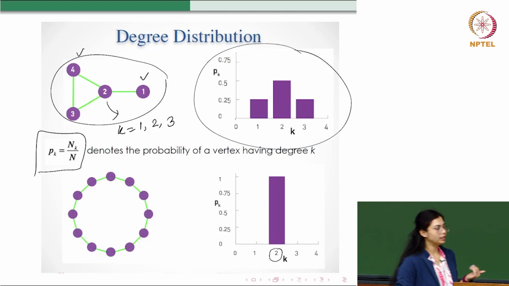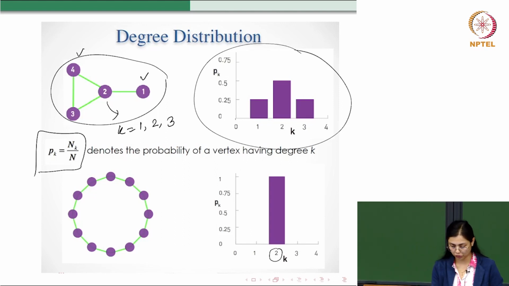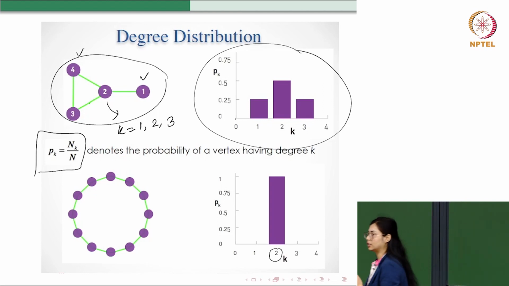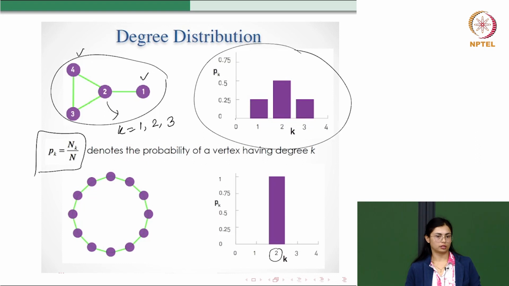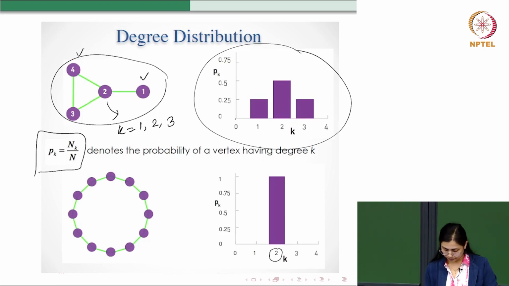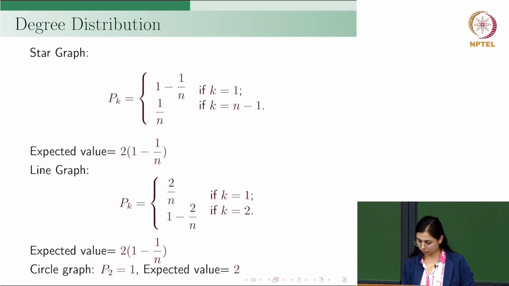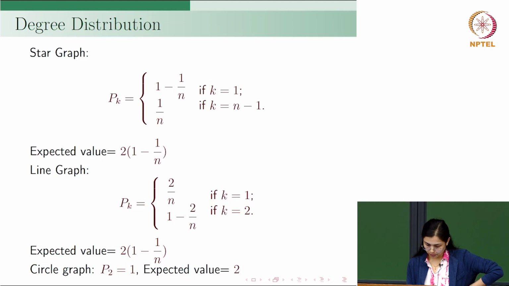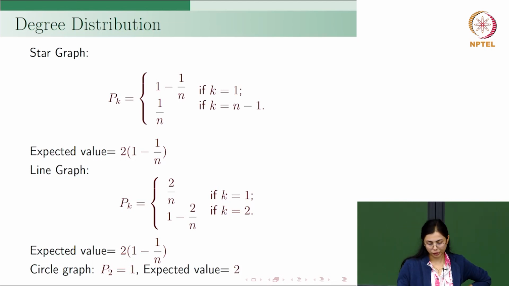For k equal to 1, there is exactly 1 node with degree 1. For k equal to 2, there are 2 nodes, say 2 and 4, with exactly degree 2, right? So this is some special case in the star graph, line graph and circle that you can find out.